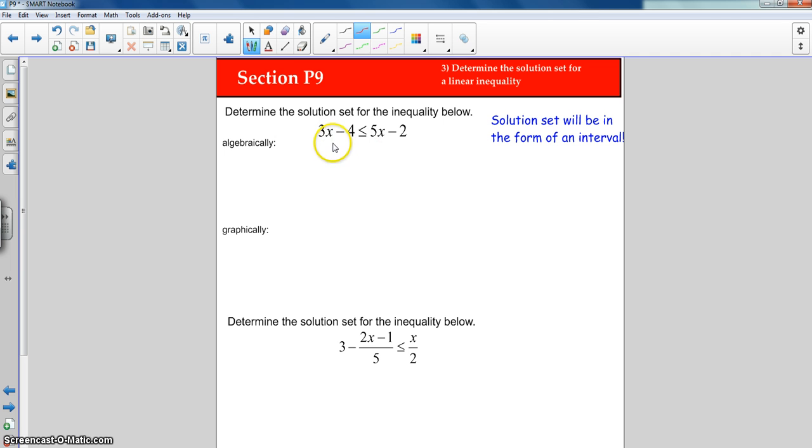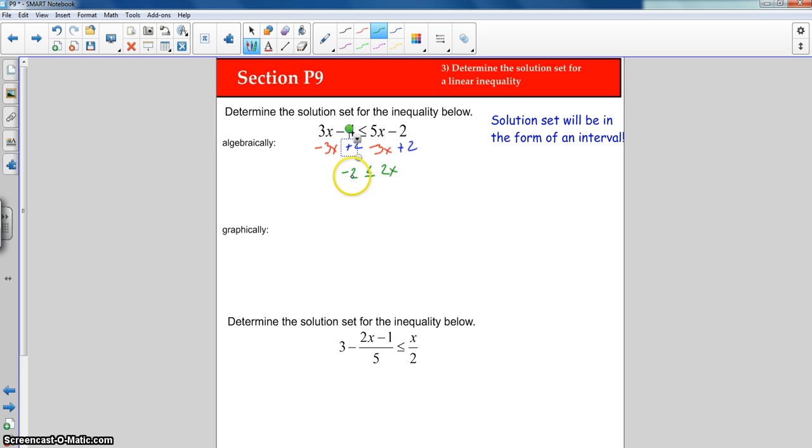So if I go ahead and solve this first one, I'm going to subtract 3x from both sides, and then simultaneously I can add 2, because then all the x's will be on the right side. When I do that, I'm going to get negative 2 less than or equal to 2x.